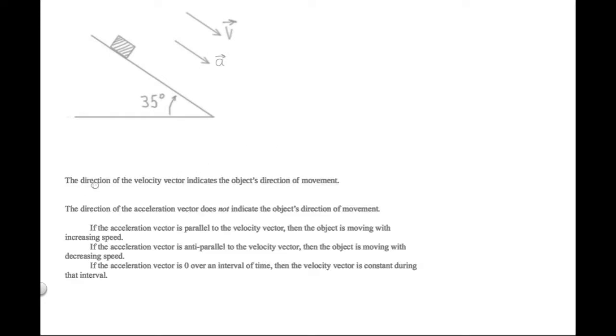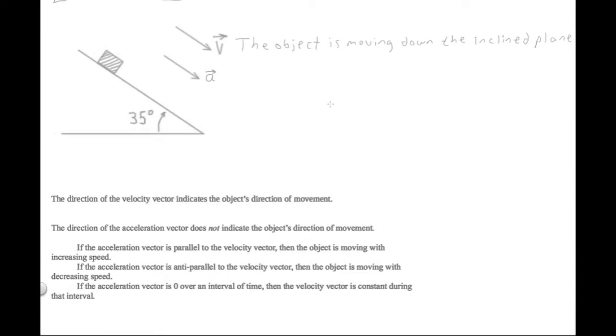Here's the rules. The direction of the velocity vector indicates the object's direction of movement. Since the velocity is pointing down the inclined plane, we know that the object is moving down the inclined plane. Now remember that the direction of the acceleration vector does not indicate which way the object is moving.